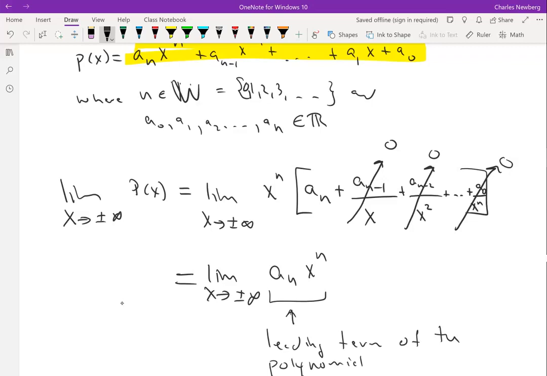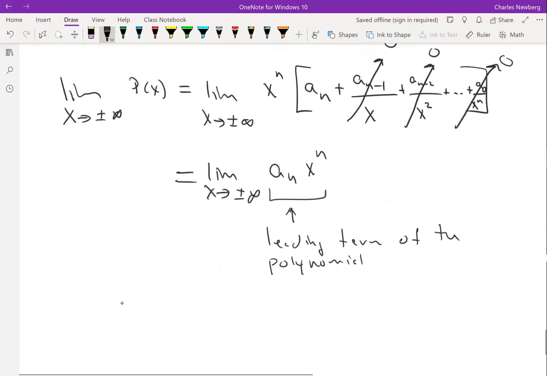So it turns out the only thing that decides if it's going to negative infinity or positive infinity on the left or right is the first term. None of the other terms affect that. What they affect is the twists and turns along the way, and we'll see that later on. Okay. So, what is this going to be?